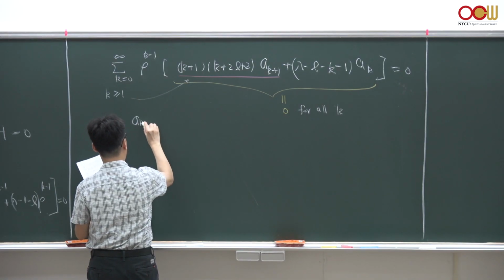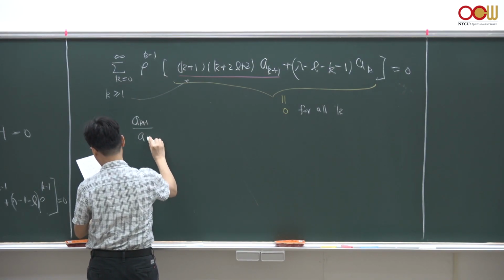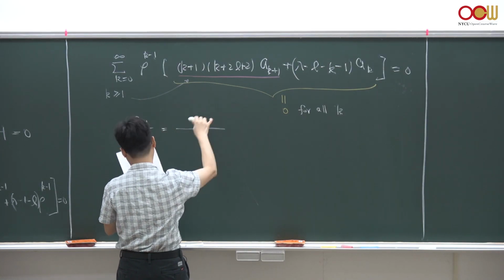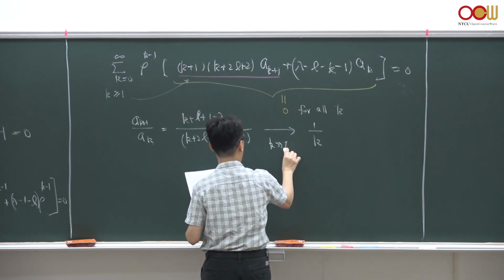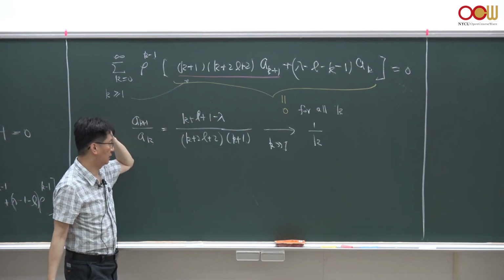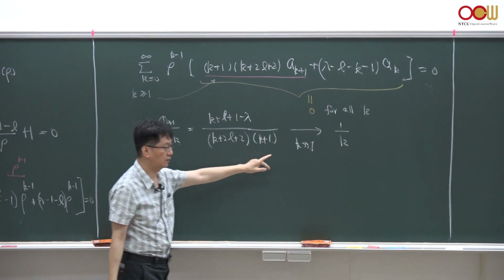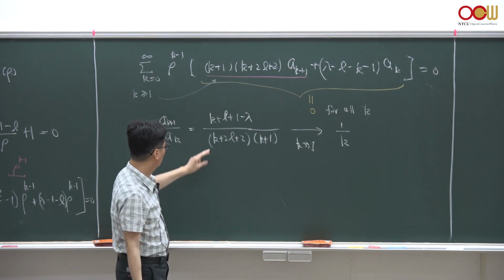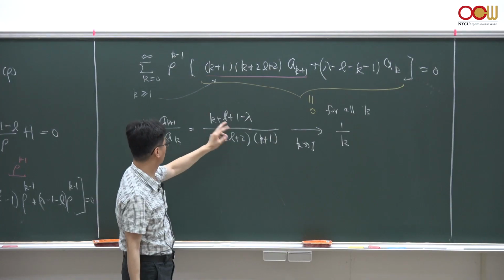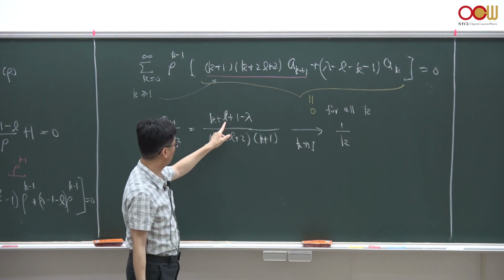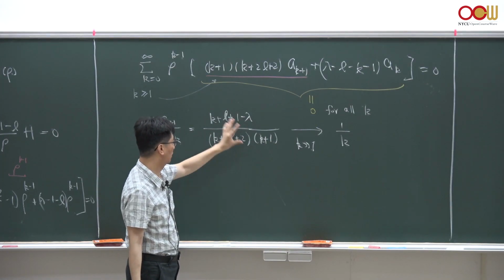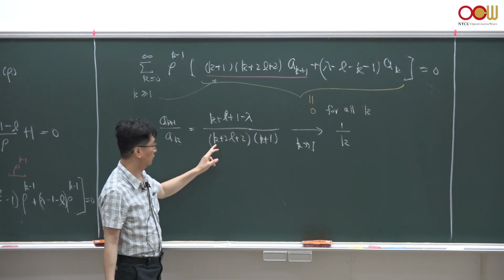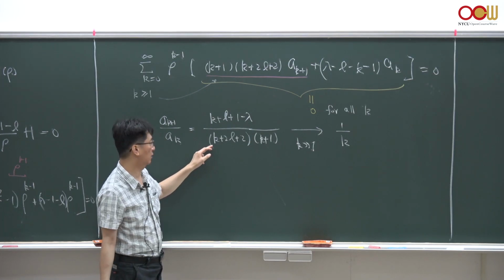Which means that a of k plus 1 divided by a of k is given by, simply moving this around, this. This looks messy, but for k very, very large, say much greater than 1 or approaching infinity, you could just forget about all the other variables such as L and 1 and lambda. All these are just some finite values. You only keep the leading term when k goes to infinity.